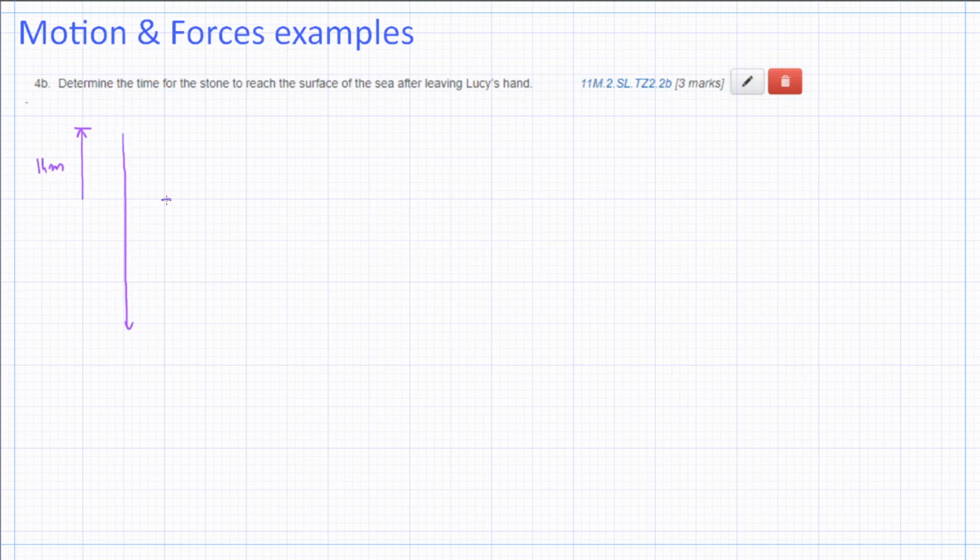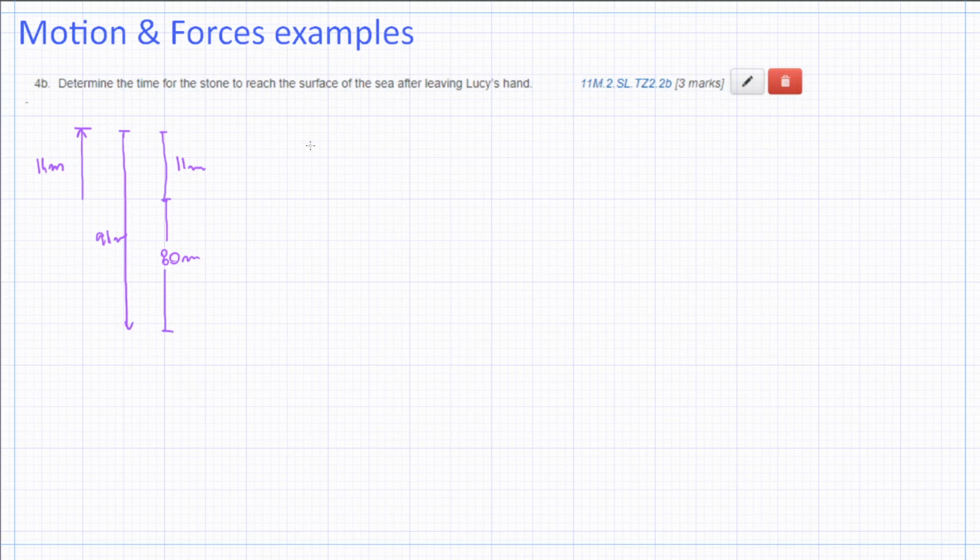But we knew that her hand was at 80 meters from the bottom of the pit. Therefore, the total height here that it will have to fall is actually 91 meters, right? So there will be this first motion upwards for 11 meters, and then this downward motion for 91 meters until it reaches the bottom.